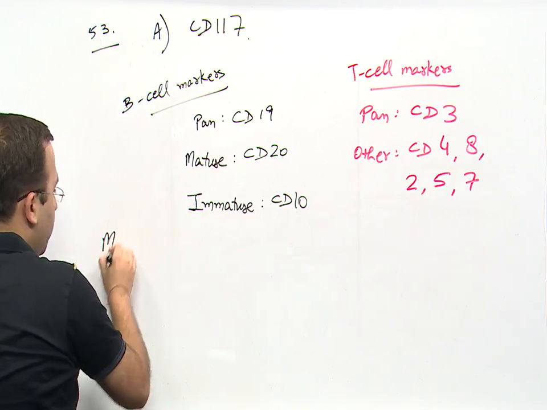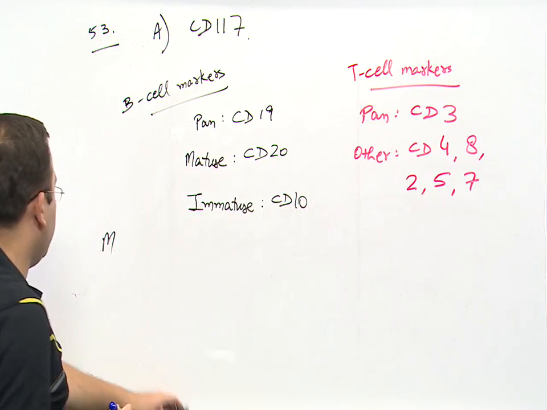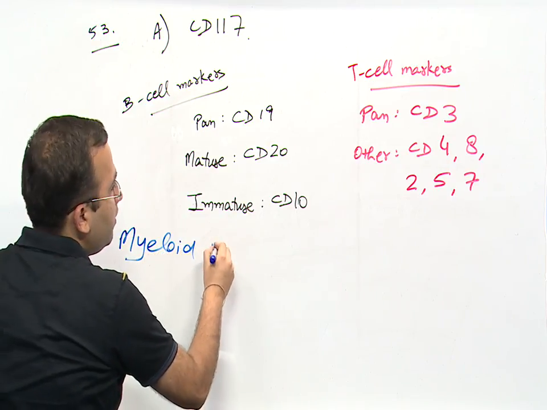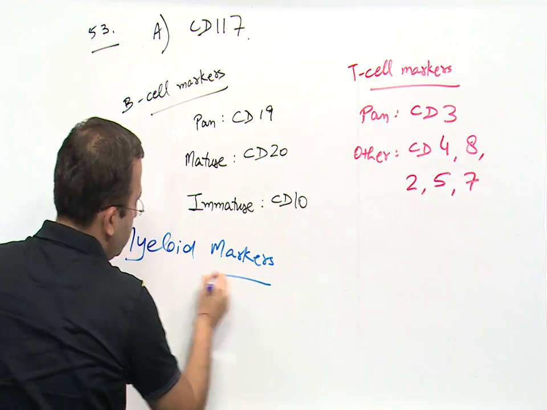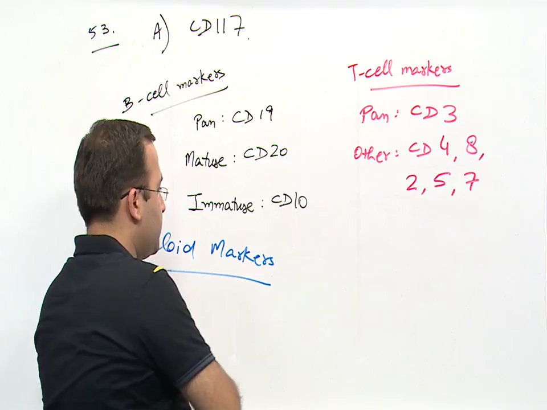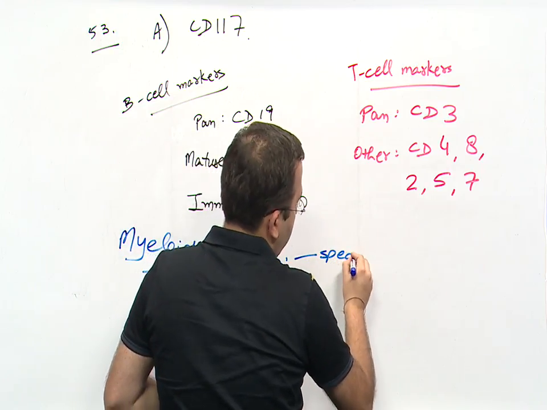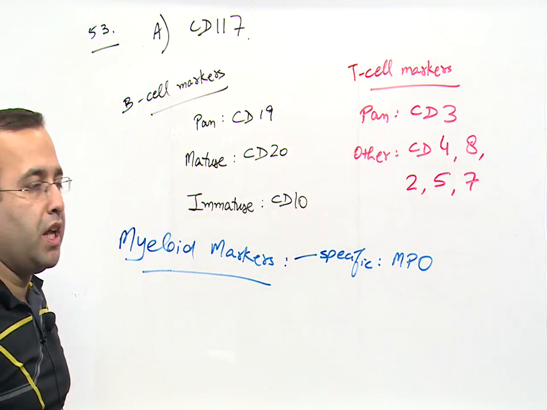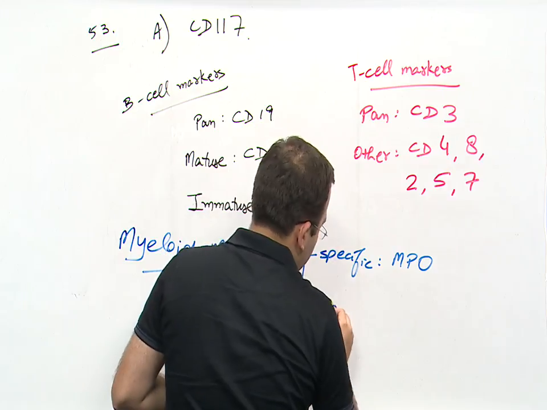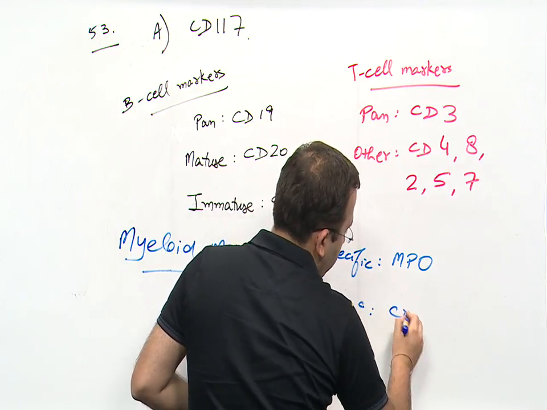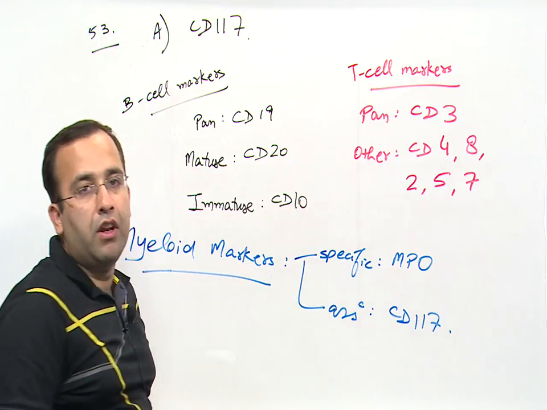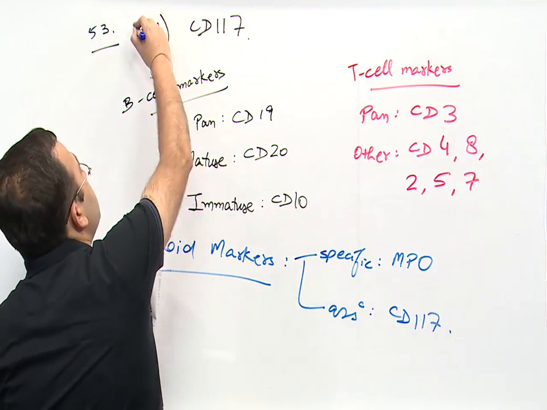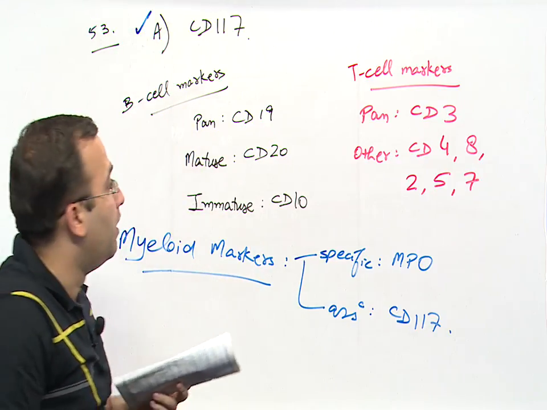Next, myeloid markers. The myeloid specific marker is MPO, that is myeloperoxidase, whereas myeloid associated is CD117. So the question asked you most specific for myeloid series, among the options the answer is CD117. Why?